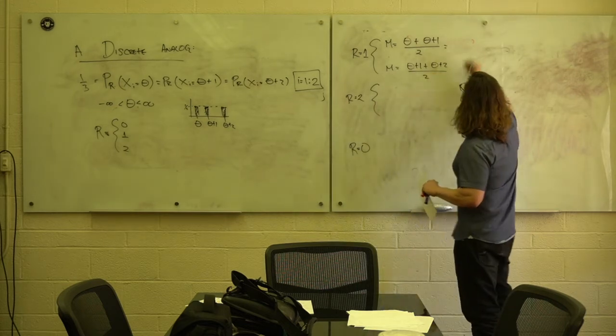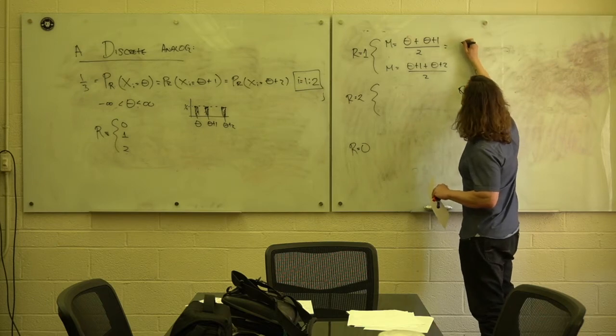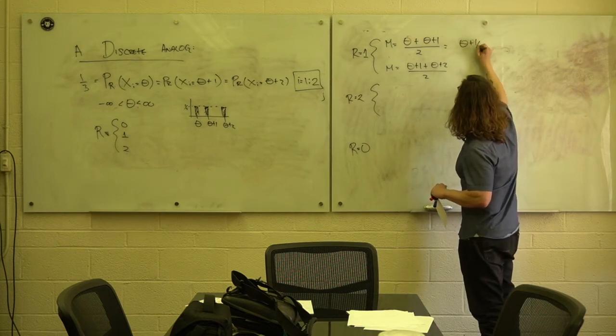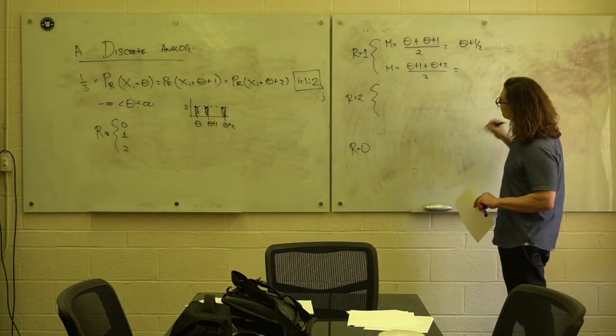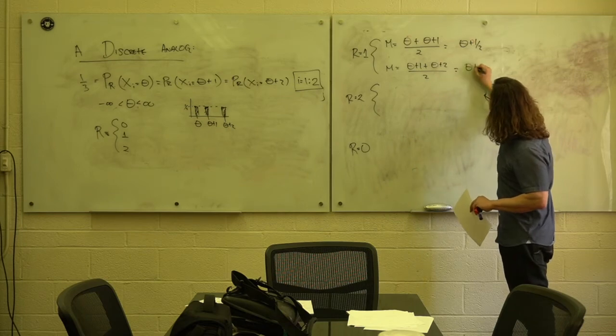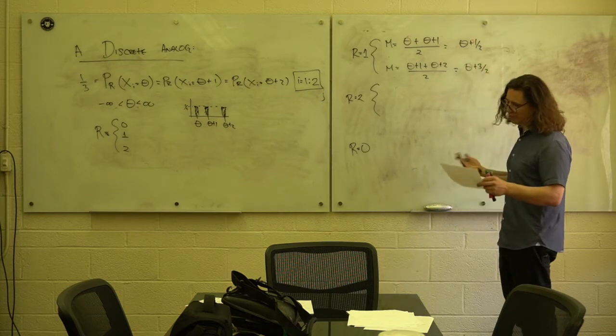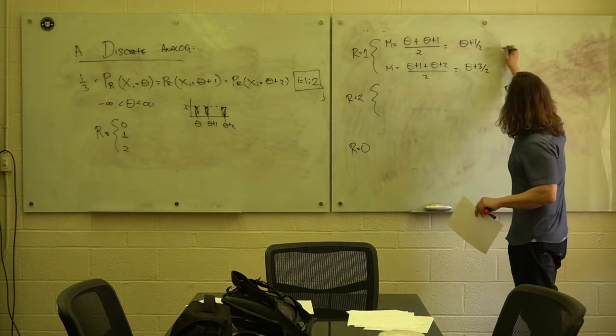This is going to be equal to 2 theta plus 1 over 2, so this is going to be theta plus 1/2. This is going to be 2 theta plus 3 divided by 2, which is theta plus 3/2. So pretty simple arithmetic. Each one of these has probability 1/2.